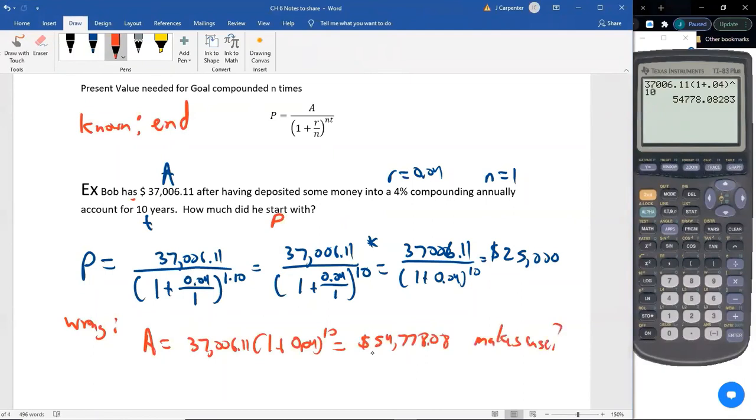Bob ends with 37,000 and he had started with 54,000? What? You hear how high my voice is going? All the inflection here? That is completely trash. That cannot be. How would you invest in an account earning you 4% per year and start with 54 grand, 55 grand, and end with 37,000?